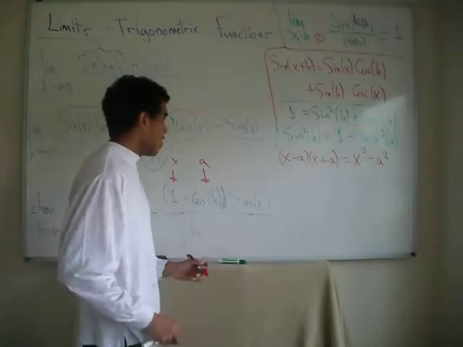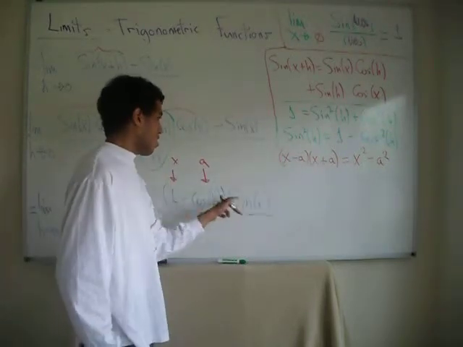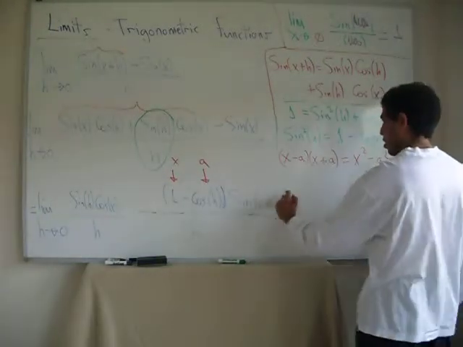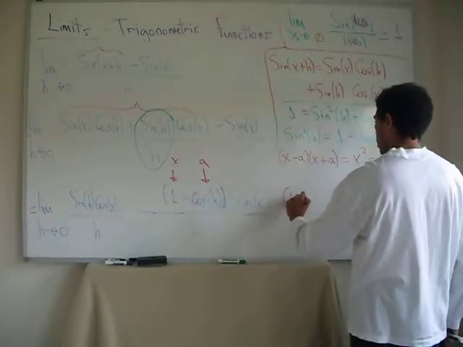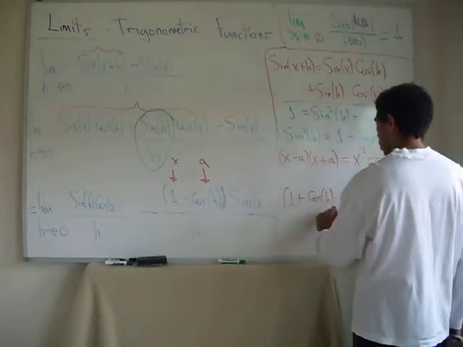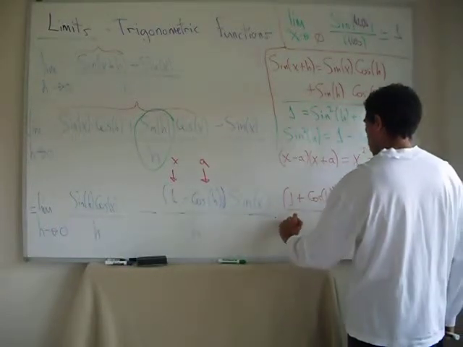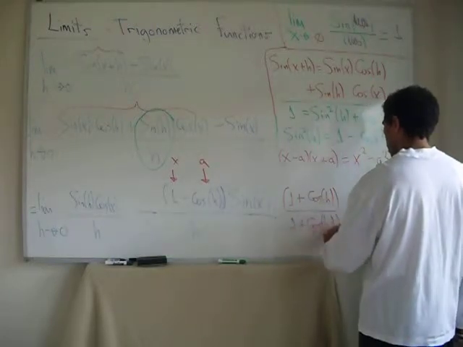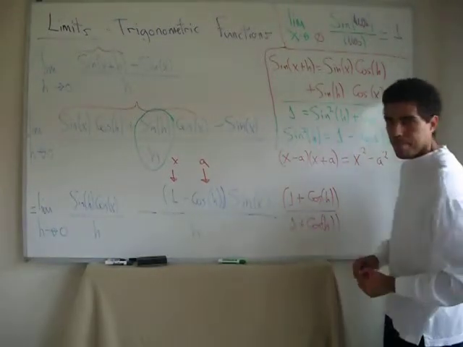So all I have to do is the multiplication of the conjugate of this, which is 1 plus cos of h over 1 plus cos of h. Okay?